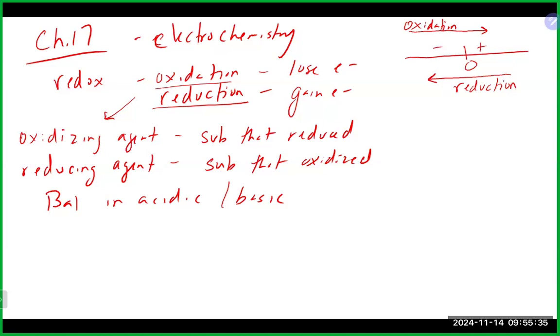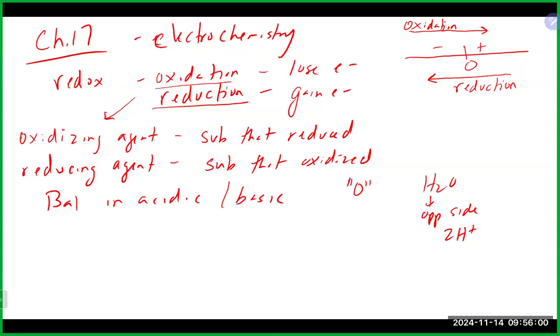After you do that, then you can really focus in on oxygen most of the time. And we balance the oxygen again by adding water to the side that needs the oxygen. And then to the opposite side, we will add 2 H pluses for every water that we add, again, so that we're not short hydrogens at the end of the process.